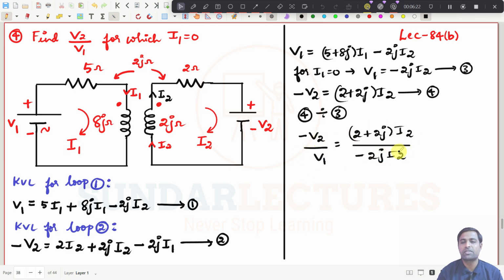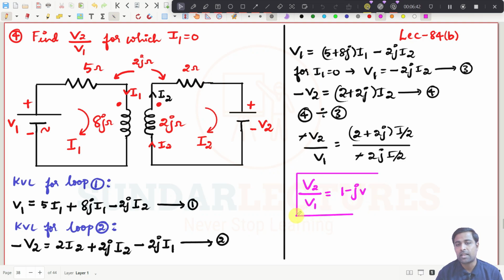Right, this is the equation. See, this 2 and this 2 will be cancelled out, and if I simplify this, V2 by V1 will be equal to, I am getting it to be 1 minus j volt.